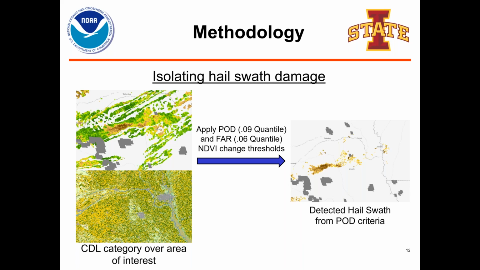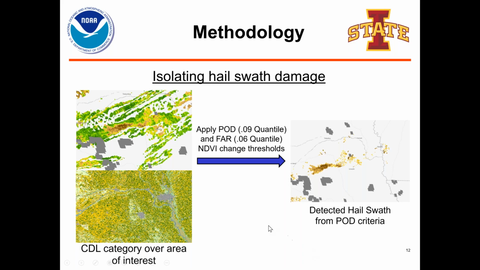For every, say, corn pixel, it takes the distribution of NDVI values for all of those corn land use pixels, finds the 0.09 quantile, and uses that as a threshold, and really you're keeping the most extreme negative NDVI values.